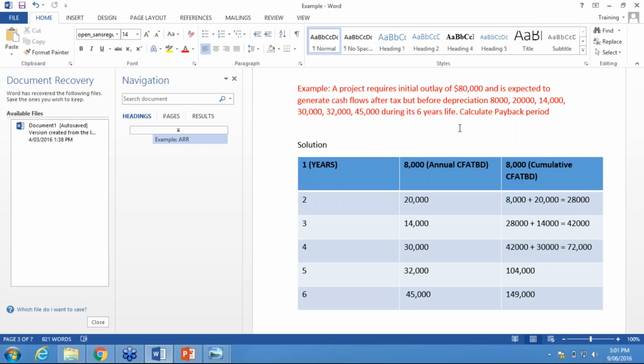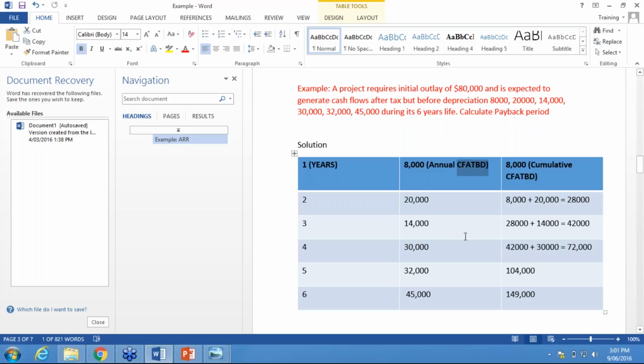In all the methods from now on, that is payback, NPV, IRR, profitability index, everywhere we use cash flows, and cash flows means cash flows after tax before depreciation. I have written this short term here, so it's already given to you. At this stage you need not worry. In another method, I will show you what to do if that information is not given.